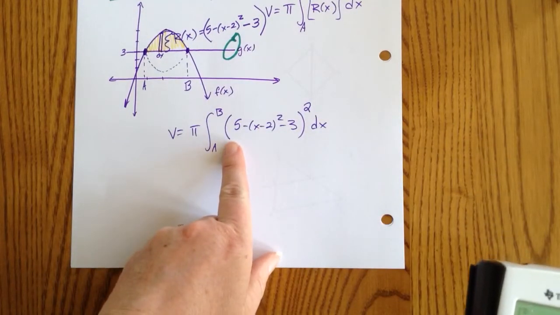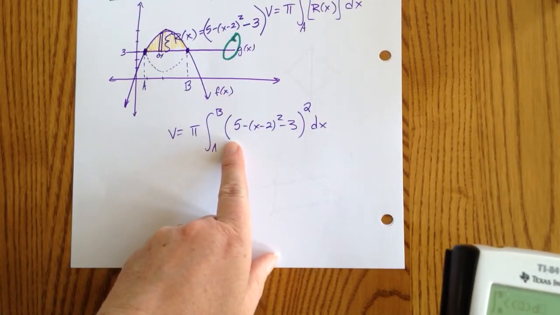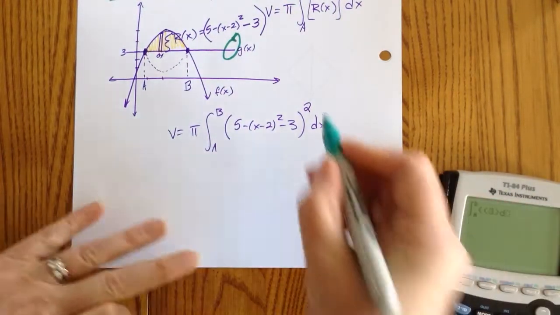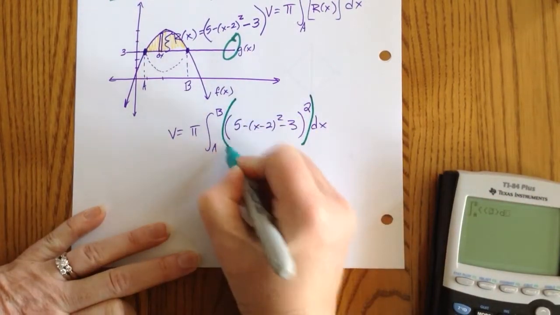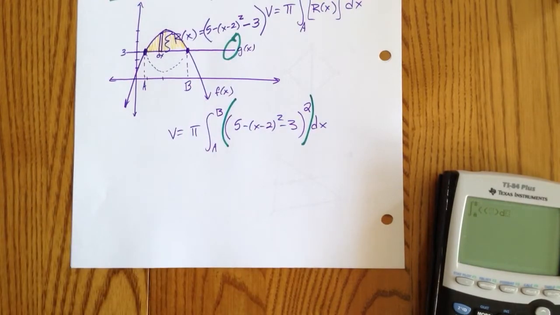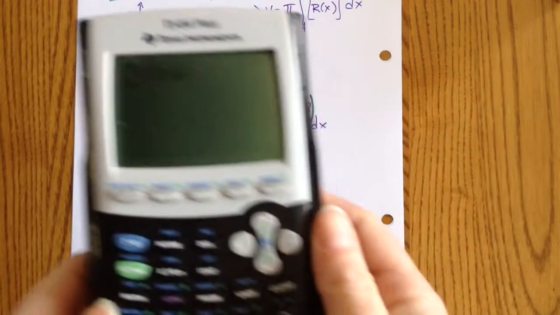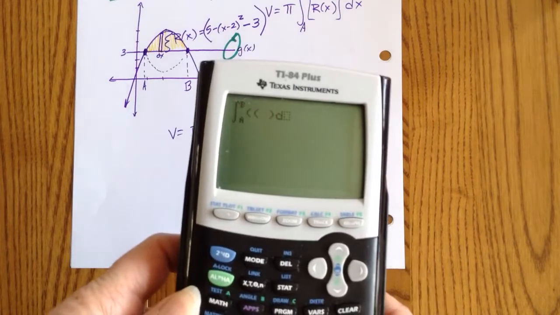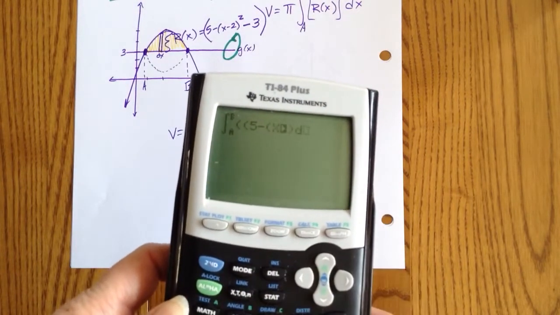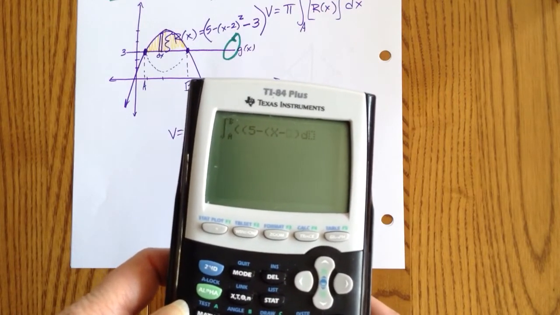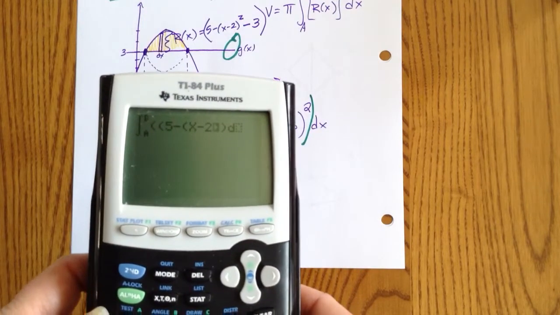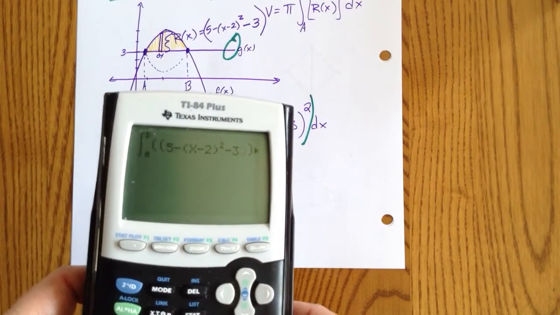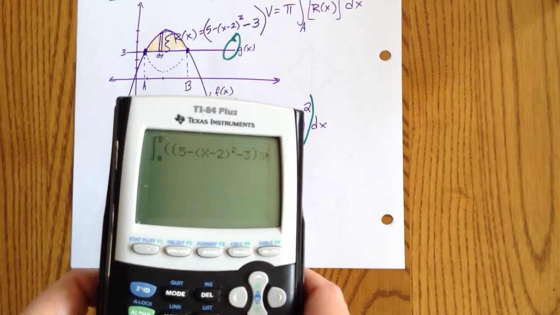The graphing calculator will put its own parentheses there and there, so we have to add our stuff inside of that. All right, it's not that bad. So there's the parenthesis, and I'm just going to type 5 minus x minus 2, close it, square it, minus 3, close it, square it.